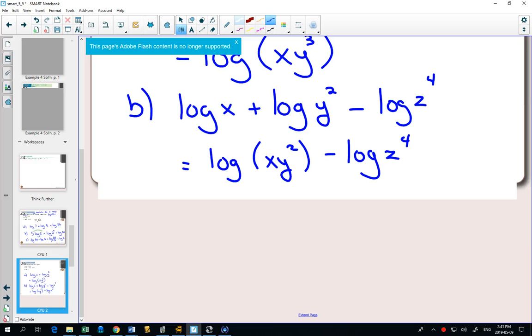And we have another log law that says a log minus a log is subtracting, I mean, subtracting is dividing inside your logarithm. So I can now combine all of this as a single logarithm.